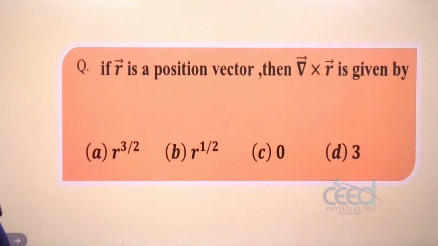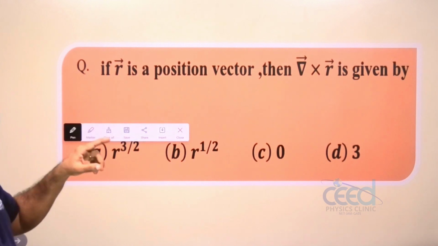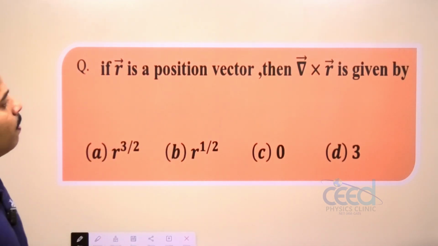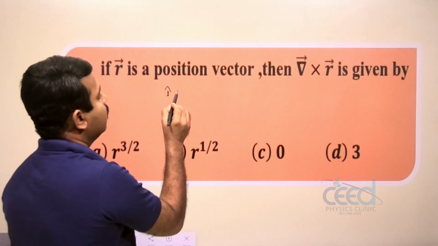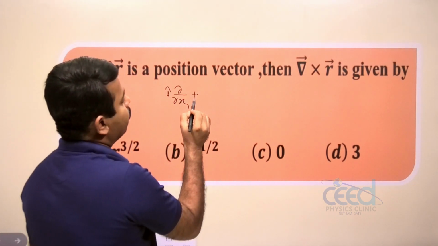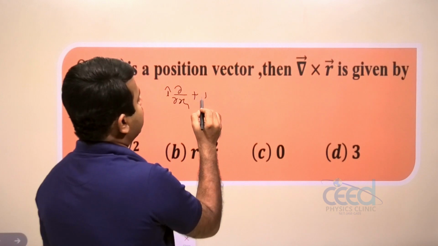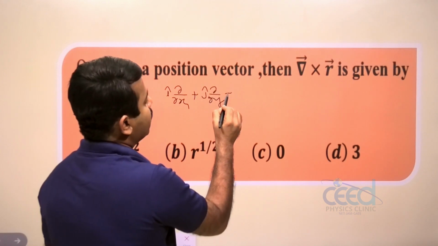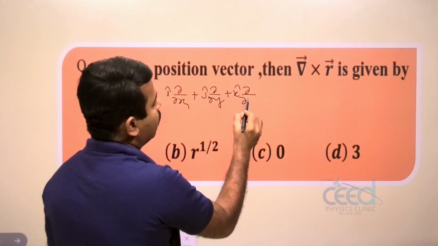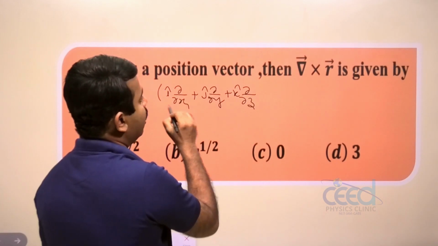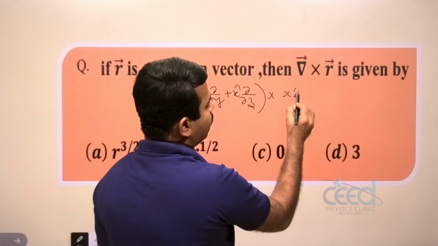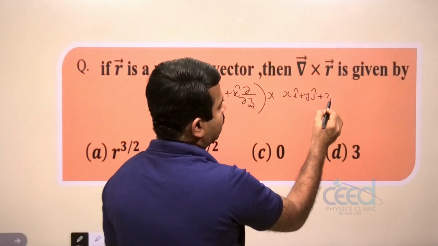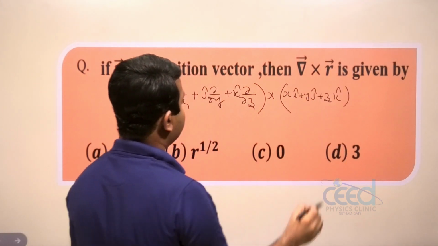If r is the position vector, what is del cross r? It is very simple. What is del? That is i cap dou by dou x plus j cap dou by dou y plus k cap dou by dou z. This is the del operator, cross the position vector x i cap plus y j cap plus z k cap. Alright.